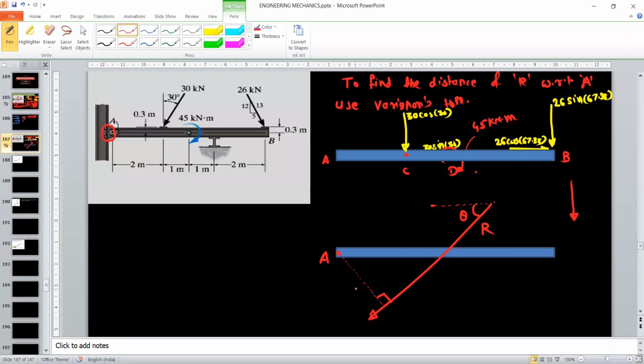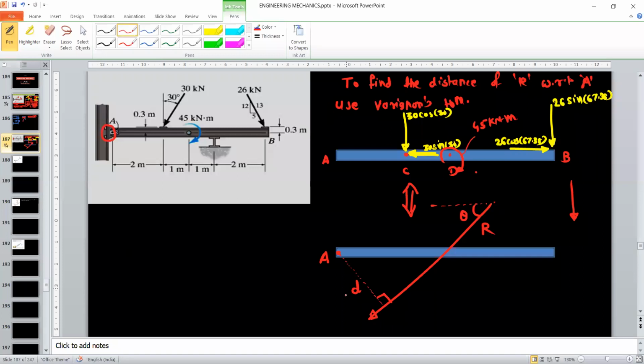This distance d will be the perpendicular distance with respect to point A. Now this system of forces is equivalent to the new system, which is the resultant system. The meaning of equivalence is both systems will have the same effect. We are replacing all the forces by a single force.